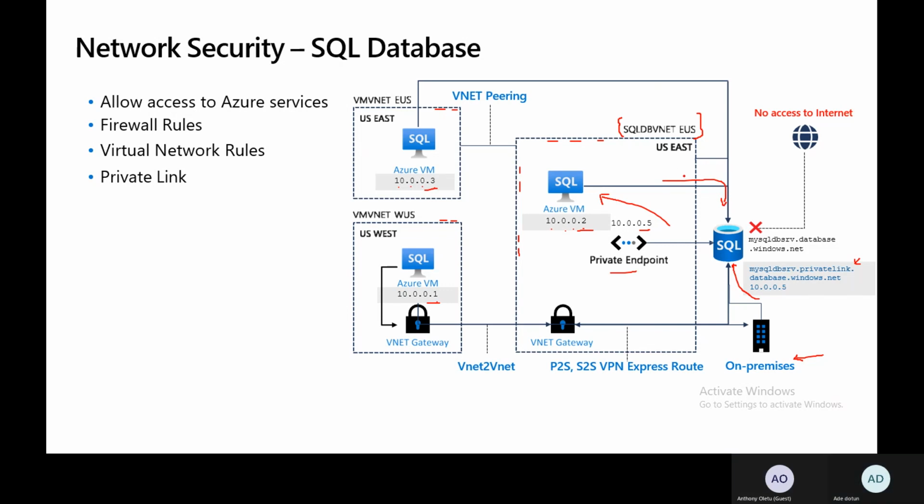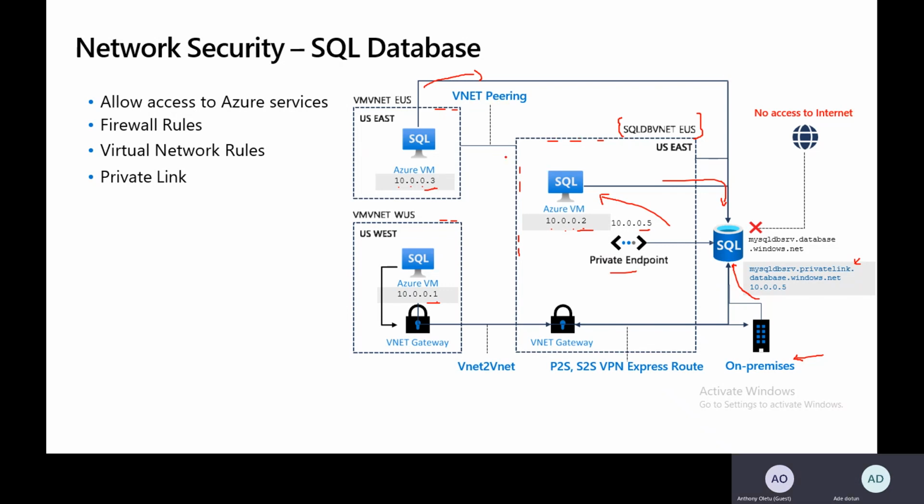Even this network here has a way of communicating to it. This VM here in another network also has a way of communicating to it. How? Because of your virtual network peering.